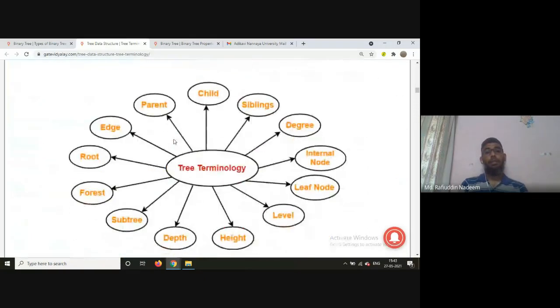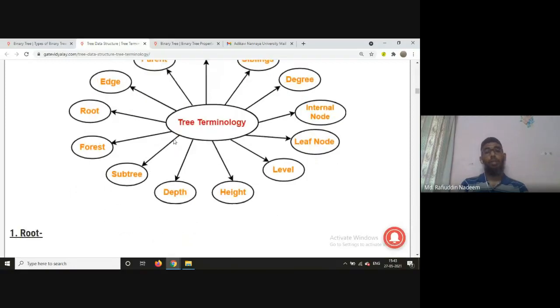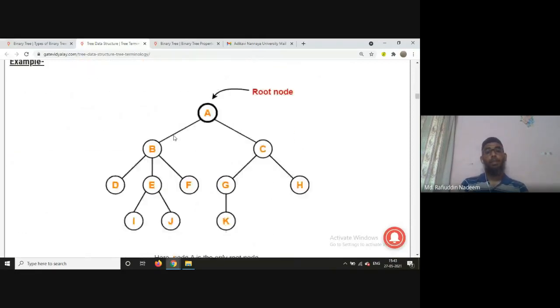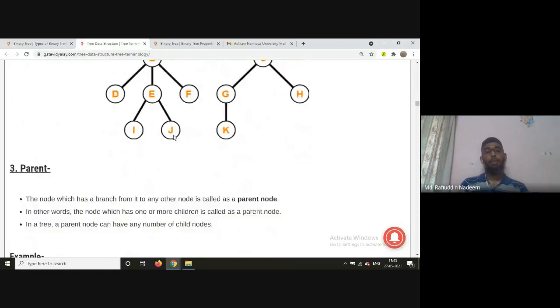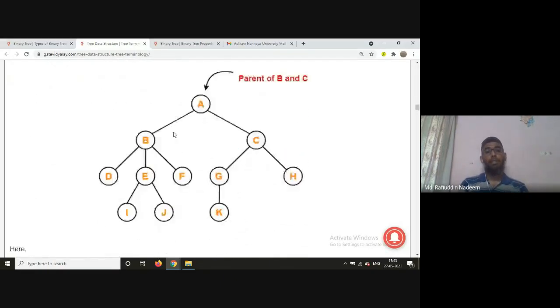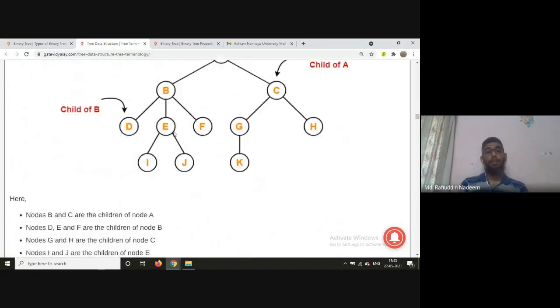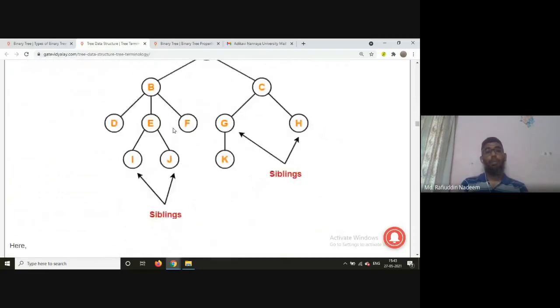Then we have the tree terminology, where we discussed what is parent, child, siblings, degree, internal nodes, leaf nodes, levels, height, depth, subtree, forest, root, and edge. Some definitions, let us recall them because those are very important for us.